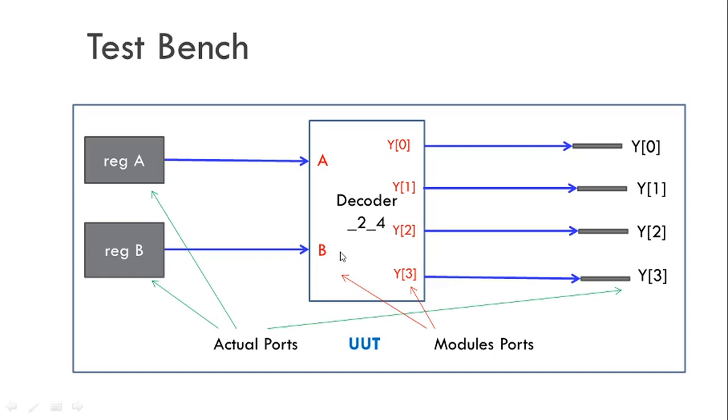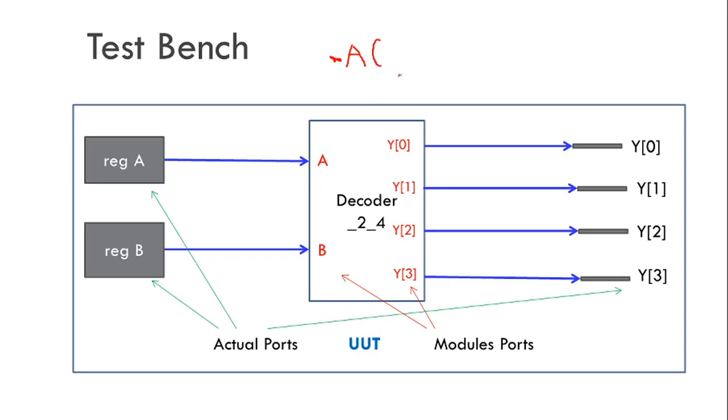When we have positional mapping, we just write the sequence. But when we have explicit or name mapping, then we have to write a dot.